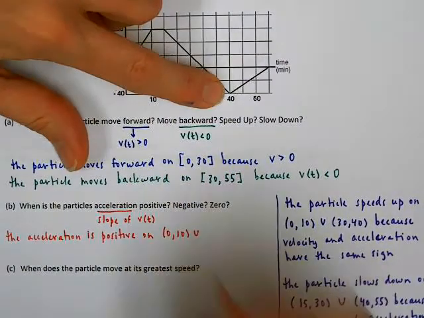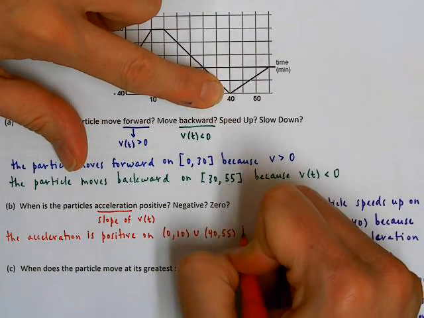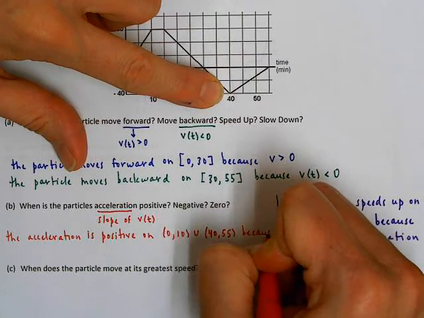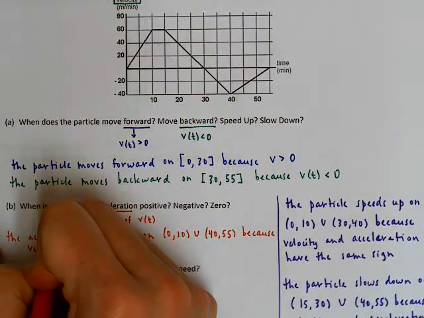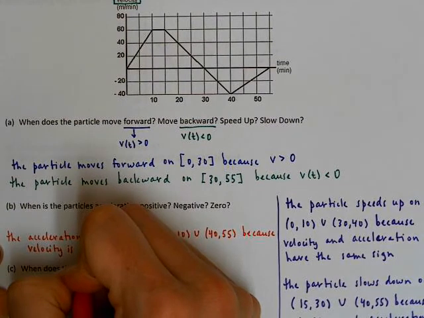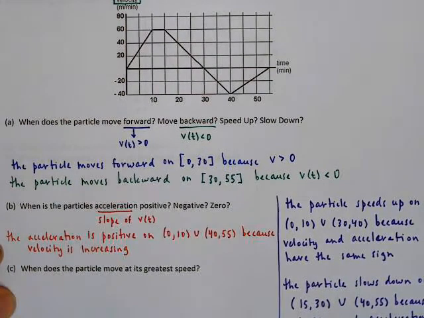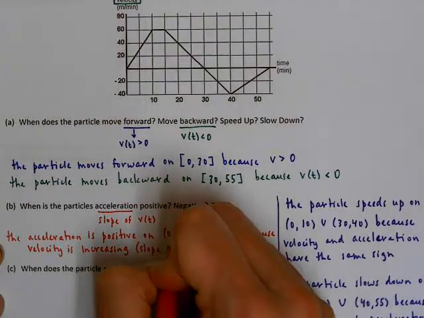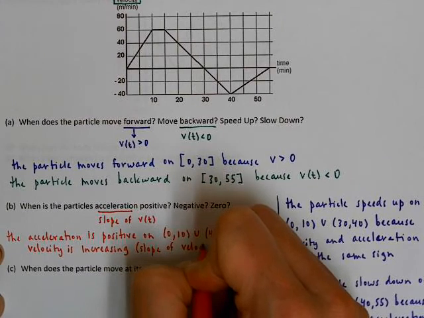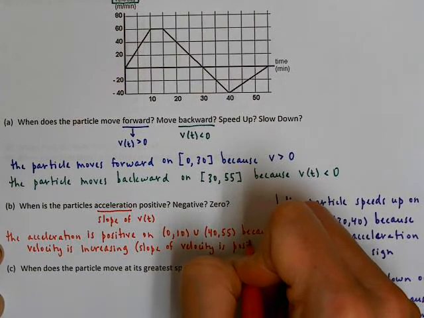And down here from 40 to 55. And we can say because velocity is increasing. So you could either say because velocity is increasing or the slope of velocity is positive. I'm sorry, there's no room here. Should have planned this a little better.